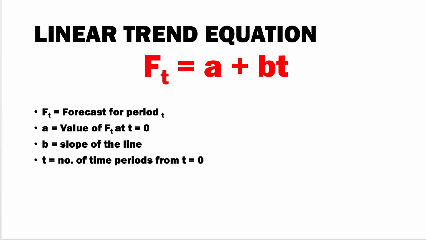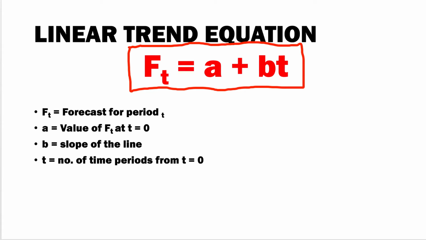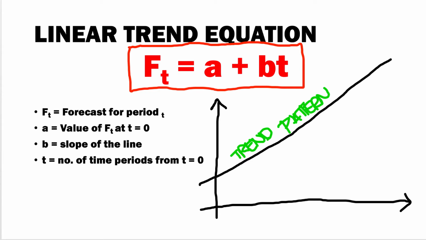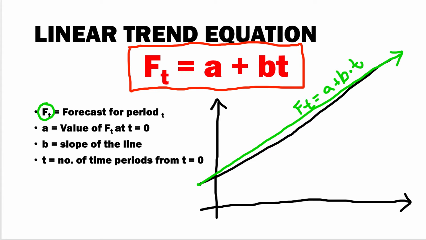Now let's take a closer look at the linear trend equation, which we'll be using to make our forecast when we see the trend pattern emerge. Ft represents the forecast for period t and is represented by this line.